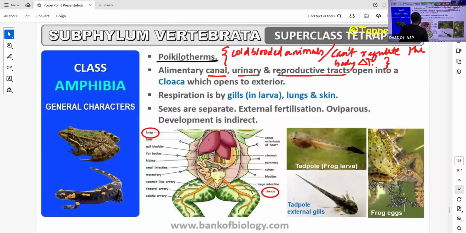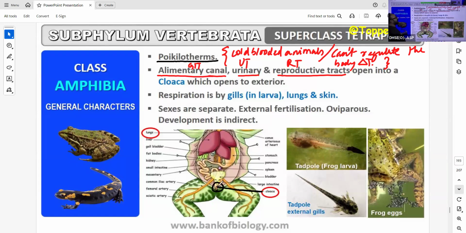Now, cloaca is basically a singular chamber into which the gastrointestinal tract, GIT, the urinary tract, as well as the reproductive tract join together, and they form a singular chamber here. As you can see, a singular chamber here. This is the chamber that you call cloaca.